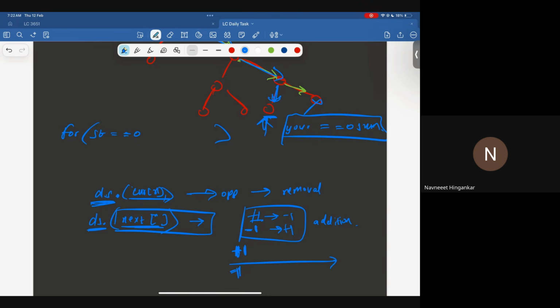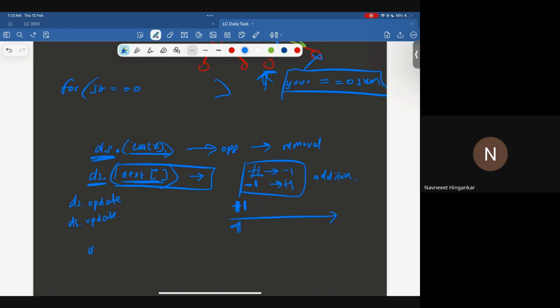So ds dot update, again ds dot update, and then answer is equal to max of answer, comma, my start, and data structure dot find rightmost with zero sum, minus start plus 1.